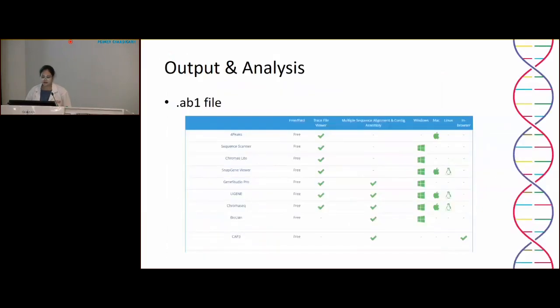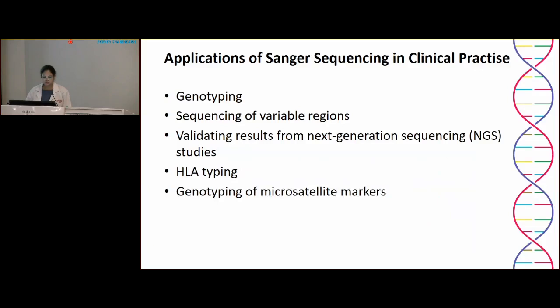And it can be analyzed by very easy, freely available software. So standardizing and performing a Sanger sequencing test is quite easy for any lab. So various applications are genotyping, sequencing of variable regions, validation of NGS, and genotyping of microsatellite markers.